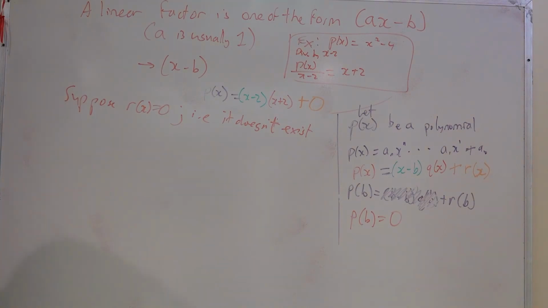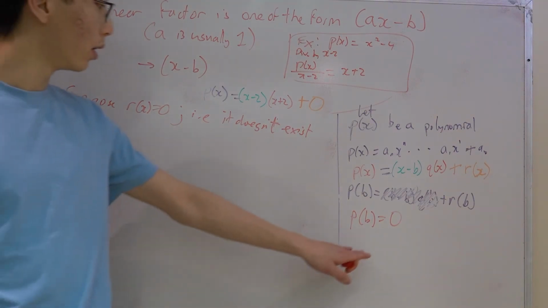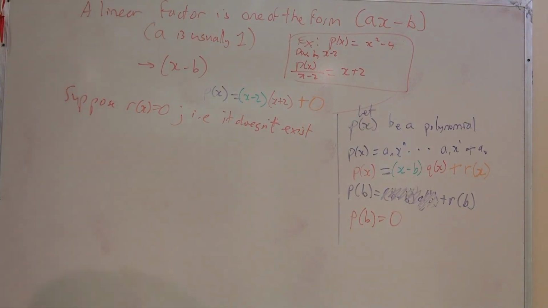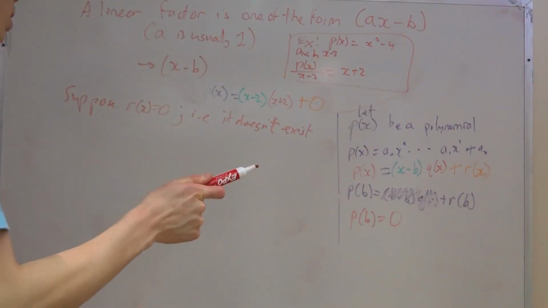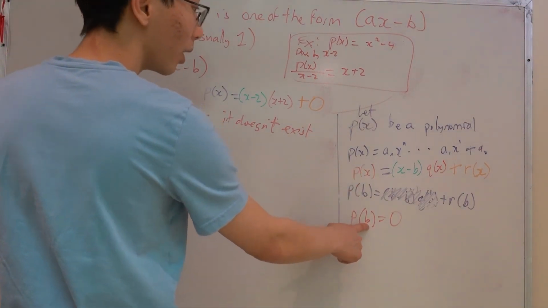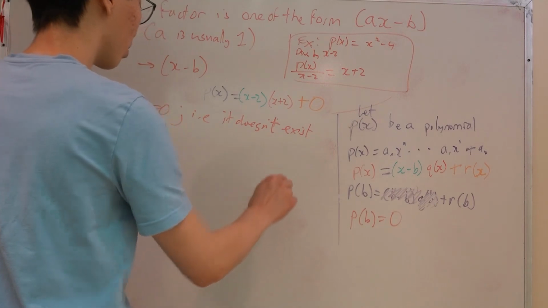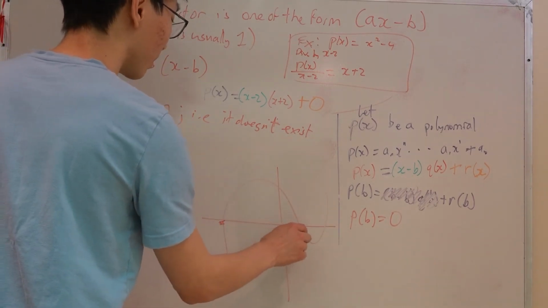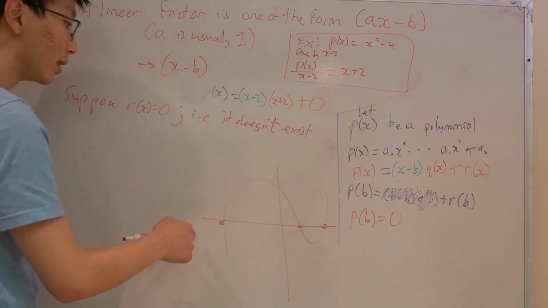Remember what we were trying to do here? We were trying to find roots of our polynomial. And by definition, a root is a point on the polynomial where if I evaluate the polynomial at that point, it gives me 0. Graphically, again, it's just when the polynomial intersects the x-axis. All of these points satisfy this condition.